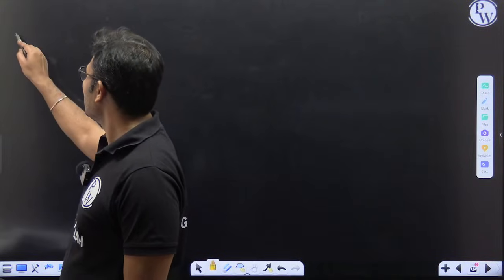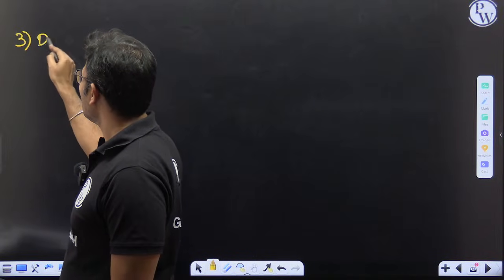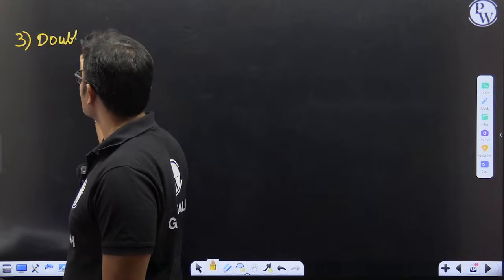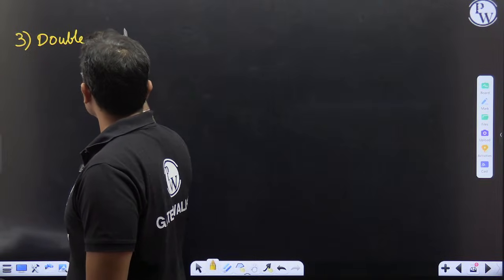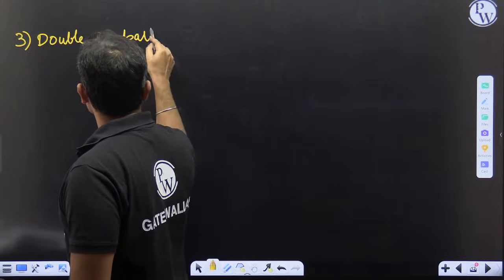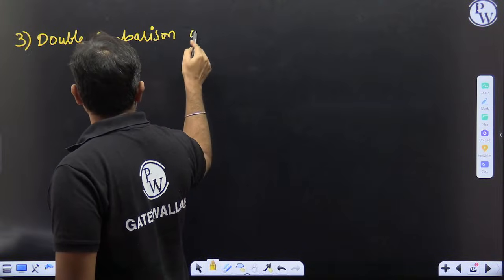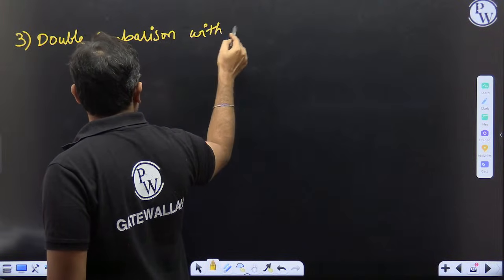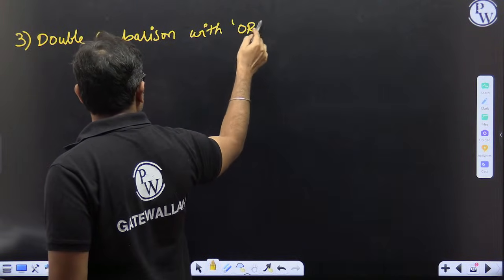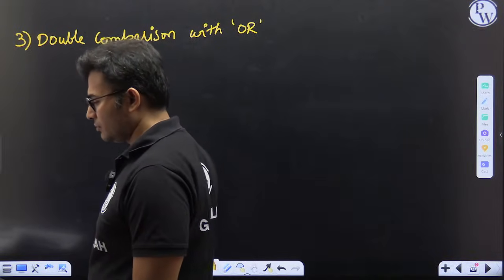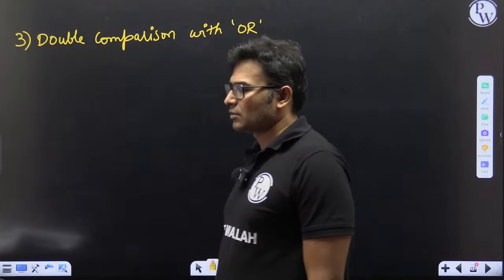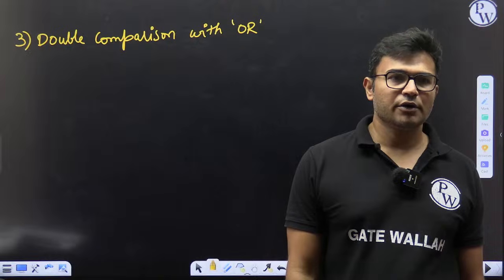Now the third one is double comparison with OR.